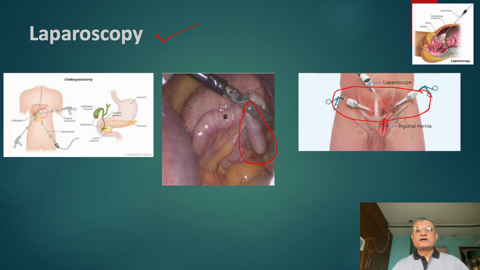Hysterectomy is one of the commonest laparoscopic surgeries that is performed by the gynecologists. Myomectomy also is one of the common indications. Adrenalectomy, splenectomy, and all traditional surgeries are being conducted nowadays through laparoscopy, depending upon the skilled surgeon availability as well as the infrastructure.